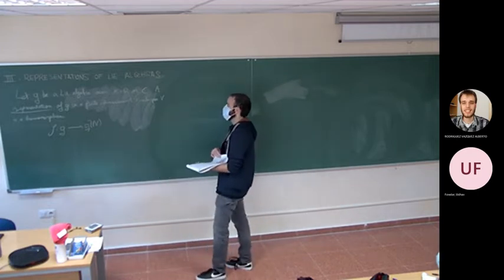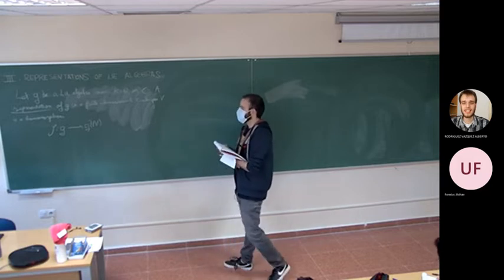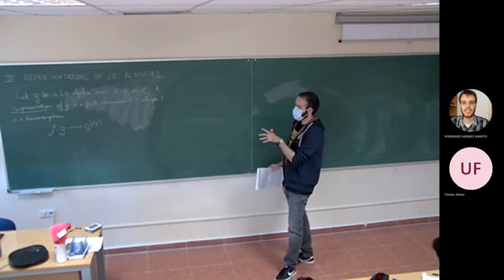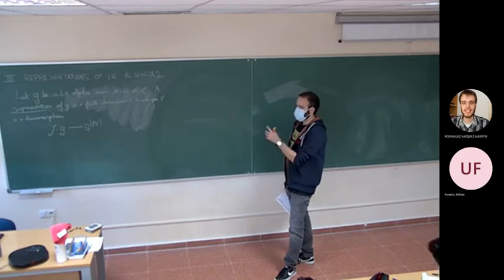So we also say that V is a G module, and there is a notion of equivalence between representations, in the sense that two representations are equivalent if they are the same vector space and the Lie algebra acts in the same way.